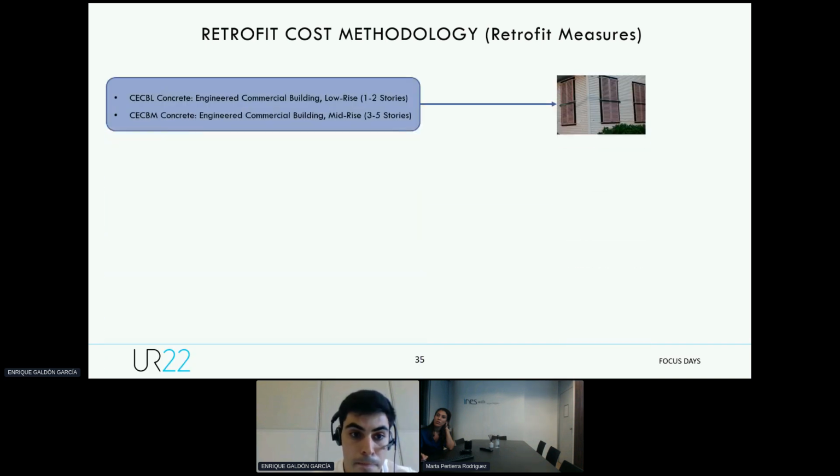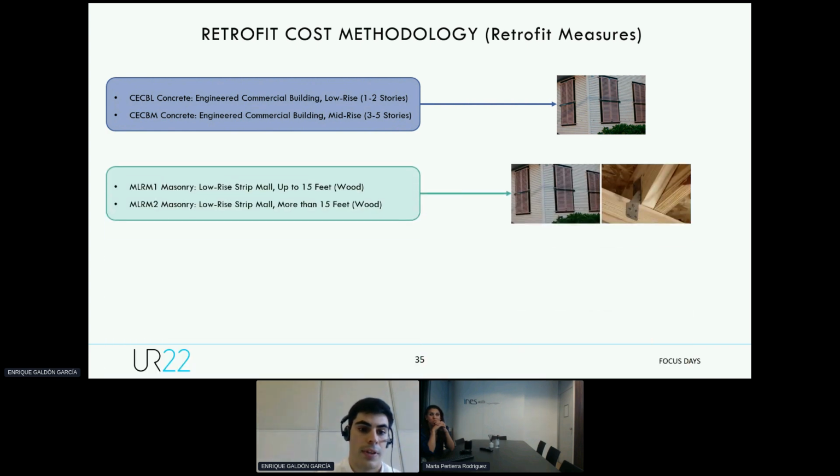For example, in concrete buildings with concrete roof slab, we can put shutters in case they are missing, to protect the windows and also the doors. In masonry buildings with wood roofs, we can also put shutters, and improve the wall-roof anchorage.